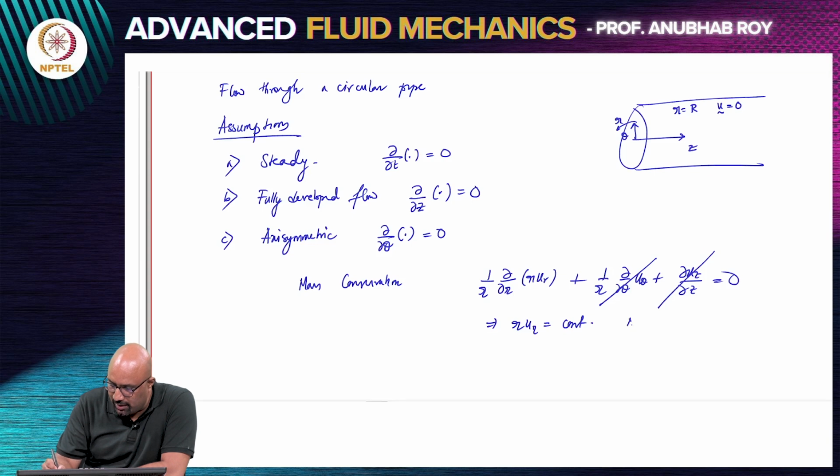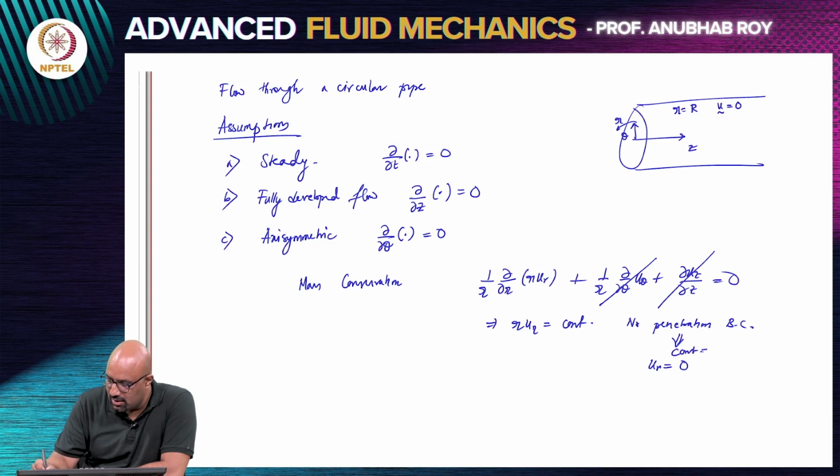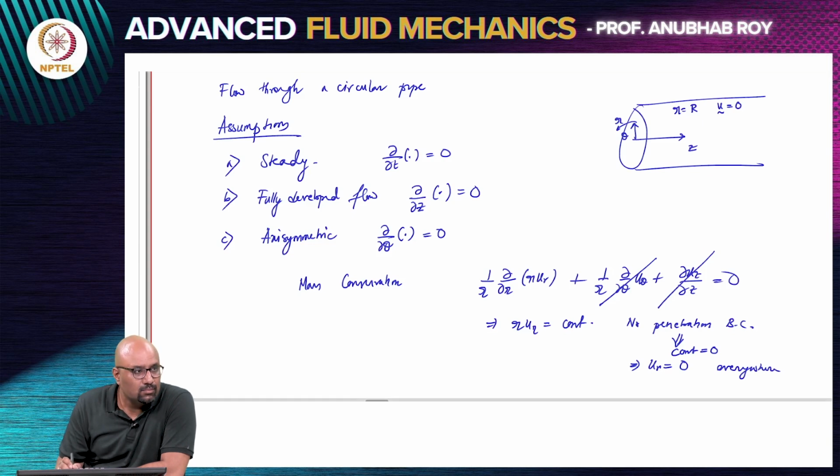So, based on the no penetration boundary condition, I conclude that u r is equal to 0 everywhere, because that constant should be 0 at the wall, which means it is 0 at all locations. So, that constant is equal to 0, which implies that u r is 0 throughout the domain. Okay, so this is what we now have in terms of our mass conservation, that there is no radial velocity in the problem. So let's go to the momentum equation.